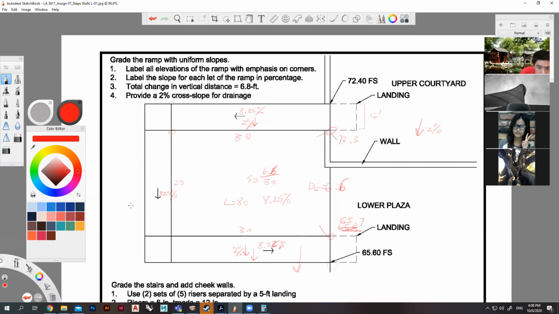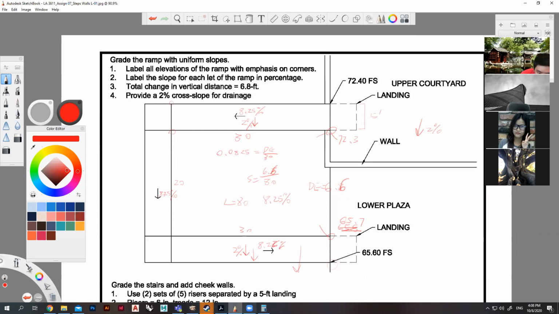Okay, so now you're able to find these corners because we have the slope. And with that, we simply plug them into the slope formula. So we have our slope 0.0825 equals our DE, which is what we want to find, and our L is 30.